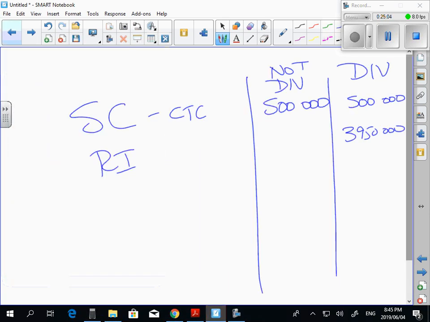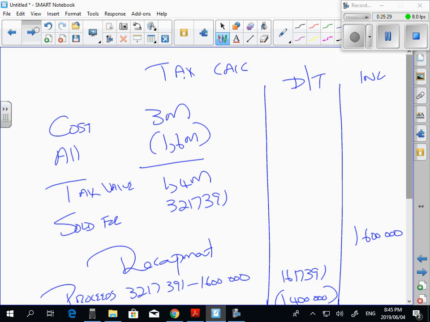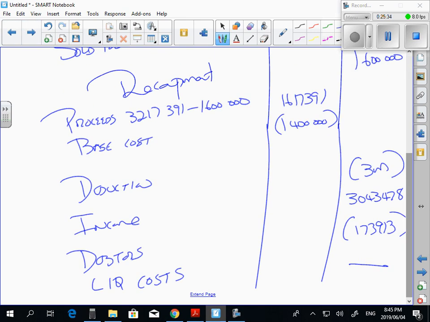And I'm going to go back and I'm going to put the 2,536,956 in my table. Is that all right, guys? I put the 173,913 on the tax code. Yeah, it's the same thing. There, the 173,913.